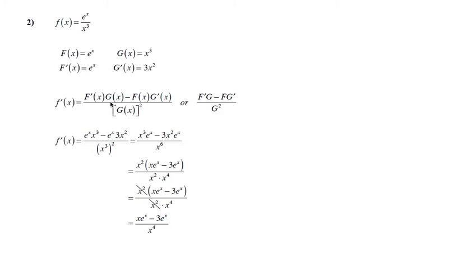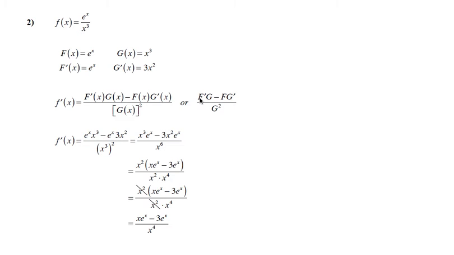And here again is the way this rule is stated in the formula, the property sheet that I gave you, as well as in that section of your classwork packet: f prime g minus fg prime.